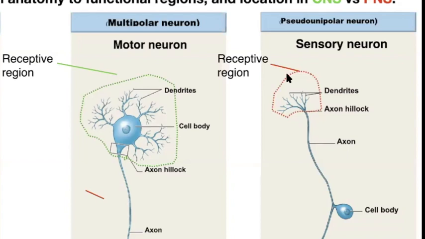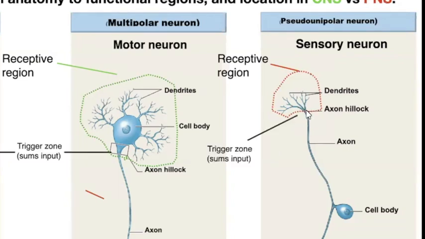Whereas your receptive region for sensory neurons is out in the periphery, somewhere in your peripheral nervous system. The axon hillock, the trigger zone, in this case, is going to be right at the end of all those before it sends it down the axon. Whereas the axon hillock of your inter and motor neurons is right at the end of your cell body, summing up all the information.